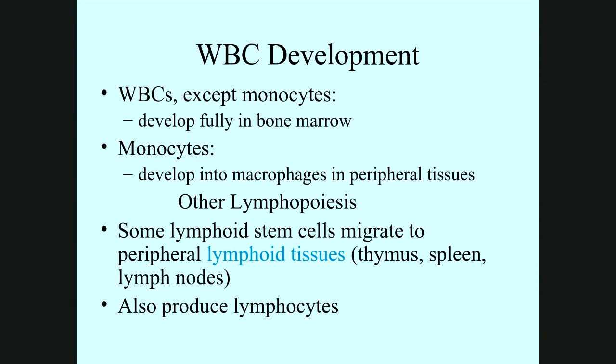The white blood cells develop entirely in the bone marrow, except the monocyte. The monocyte develops into macrophages in peripheral tissue.